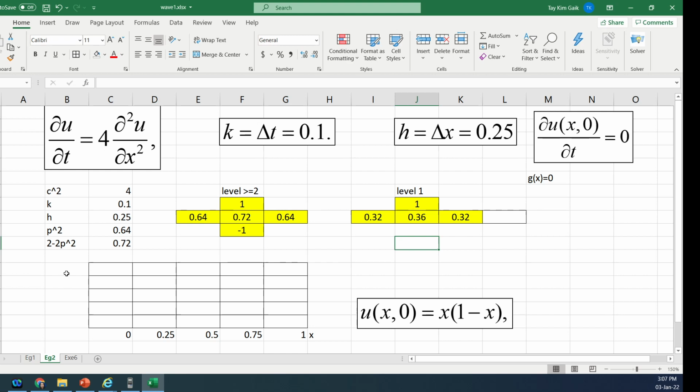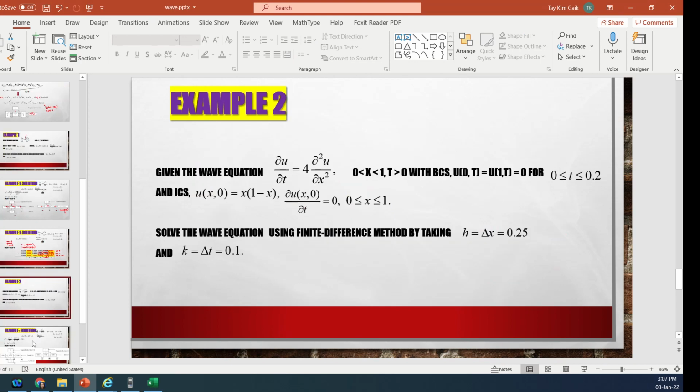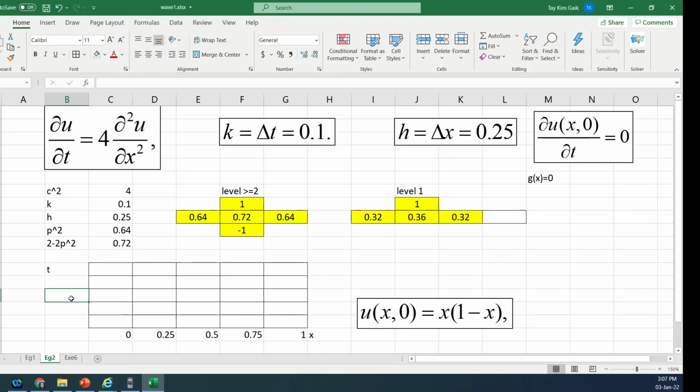After that, we can build in t to solve example 2, t up to 0.2, increment is 0.1, and then x from 0 up to 1, increment is 0.25.